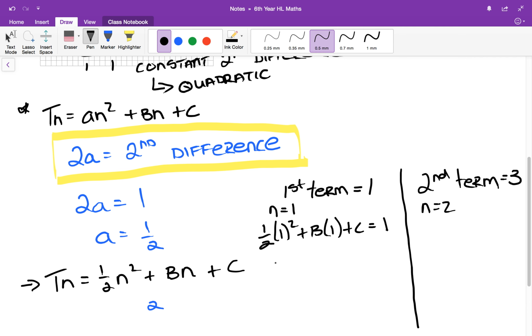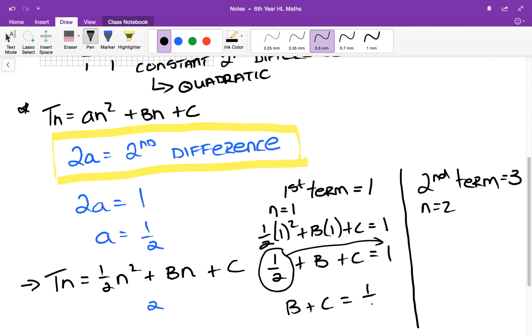If we simplify that, 1 squared is 1 times a half is a half, b times 1 is b, plus c, equals 1, and then we take the half over and it becomes a minus, so we get b plus c is 1 minus a half, which is just a half. Is that okay?